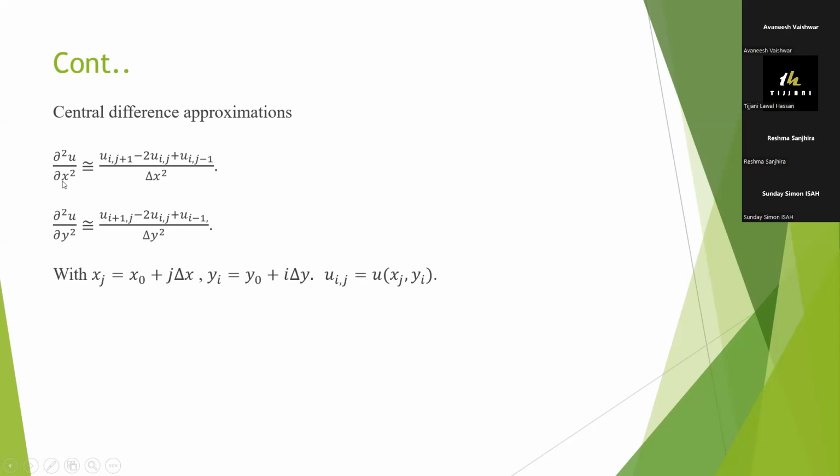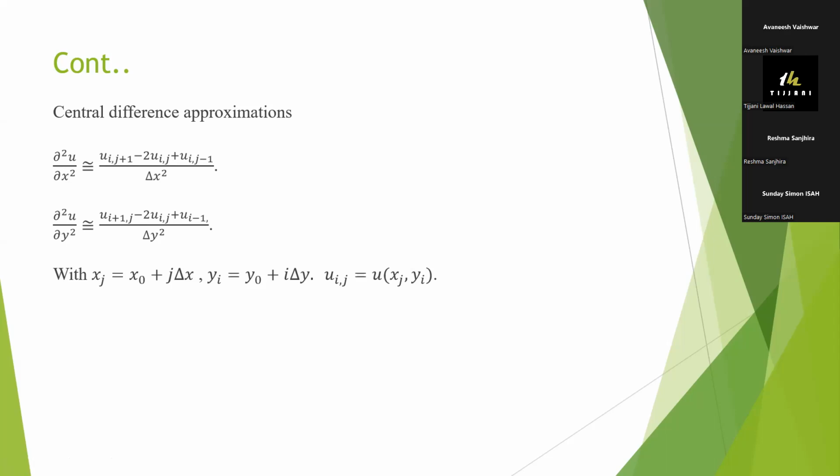So this is for the x parameter when we are taking the derivative with respect to the independent variable x. You can see that here we are making changes in the indices of x, that is j+1, j. I have already told you that I have considered the j coordinate for the x-axis and the i coordinate for the y-axis.